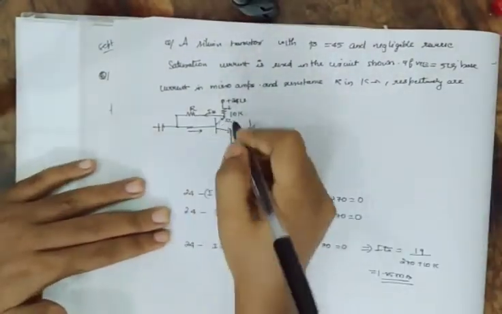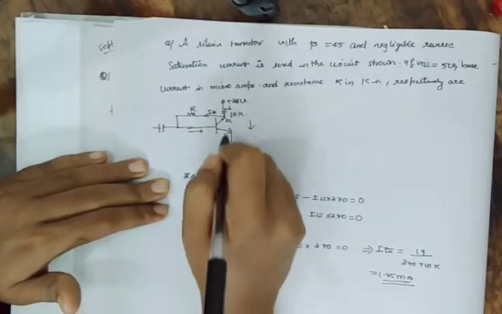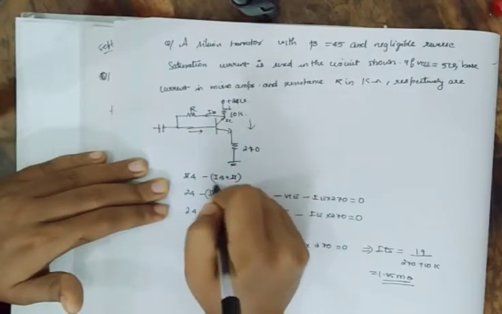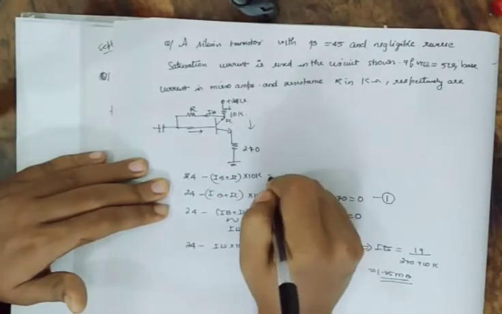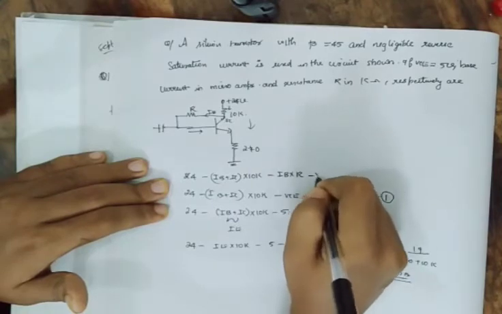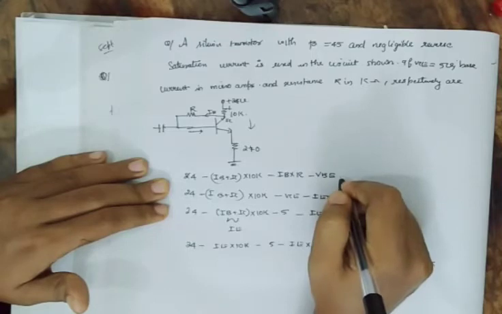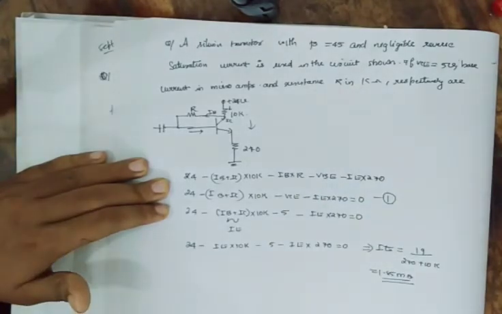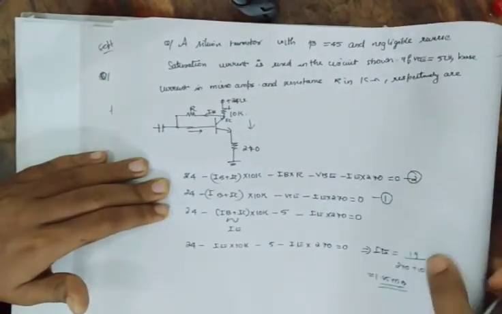Applying KVL again, we'll travel from here. Okay, that is 24 minus (IB plus IC) into 10K minus IB into R minus VBE minus IE into 270 equal to 0. Equation number 2.